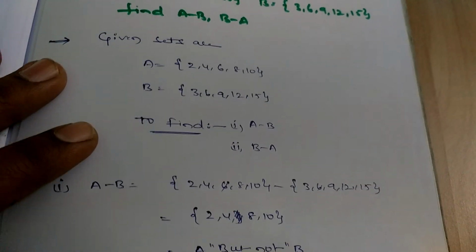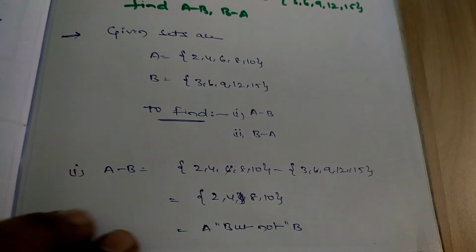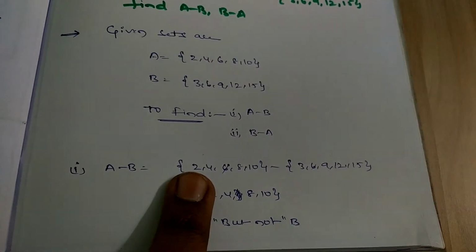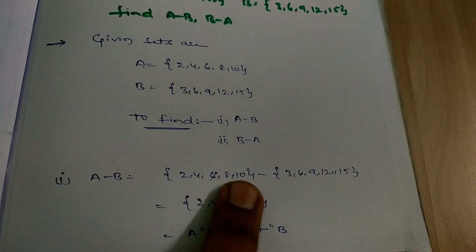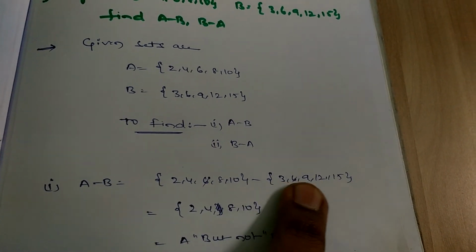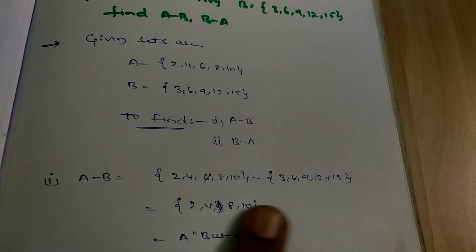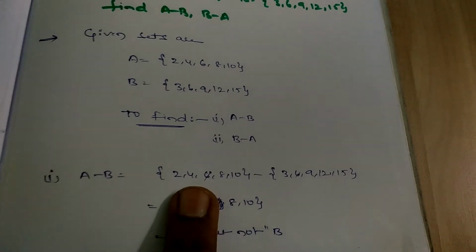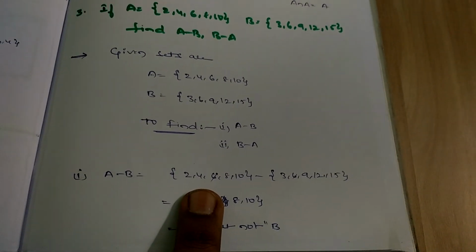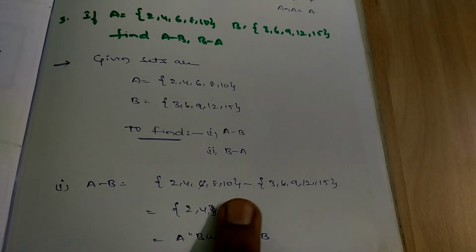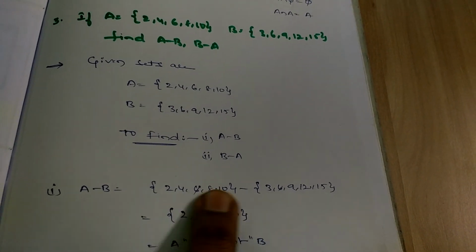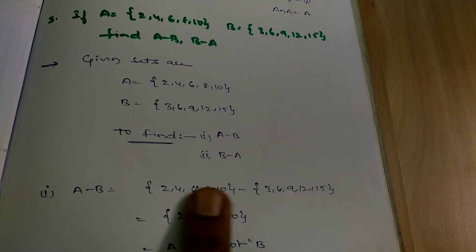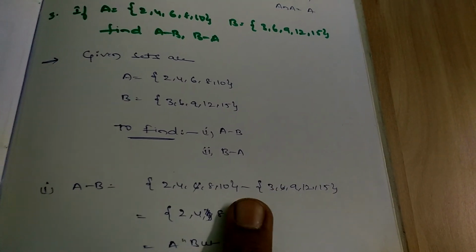We have to find A minus B and B minus A. Take down the sets A 2 4 6 8 10 minus B 3 6 9 12 15. Because we are performing the minus operation, cancel the terms which are repeated. 6 minus 6. Other than 6, nothing is repeated here. No element is repeated here.